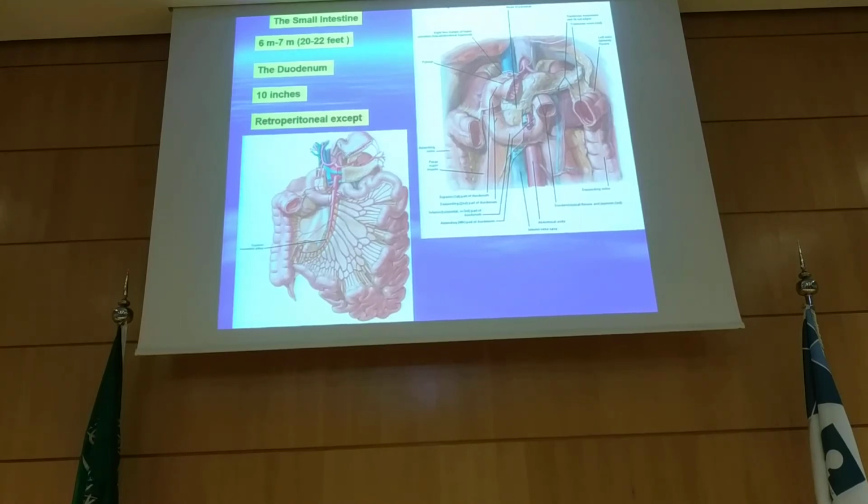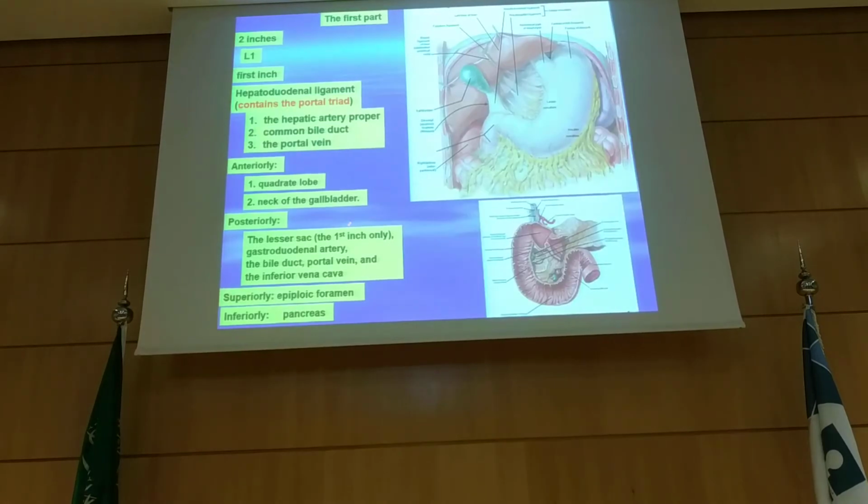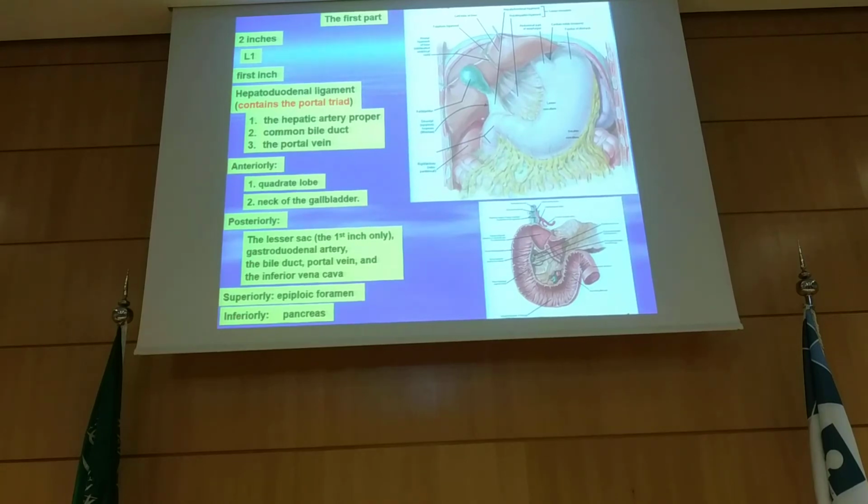First part is 2 inches. 1 inch is covered by peritoneum, where we have the hepatoduodenal ligament, and the rest is retroperitoneum. So, this is the first part of the duodenum.